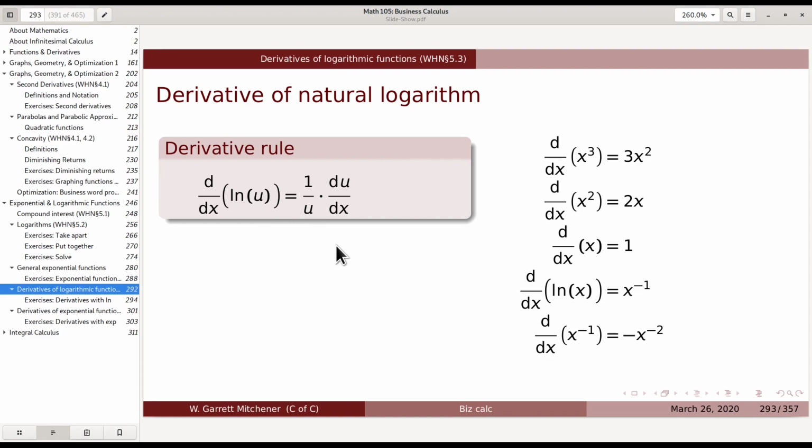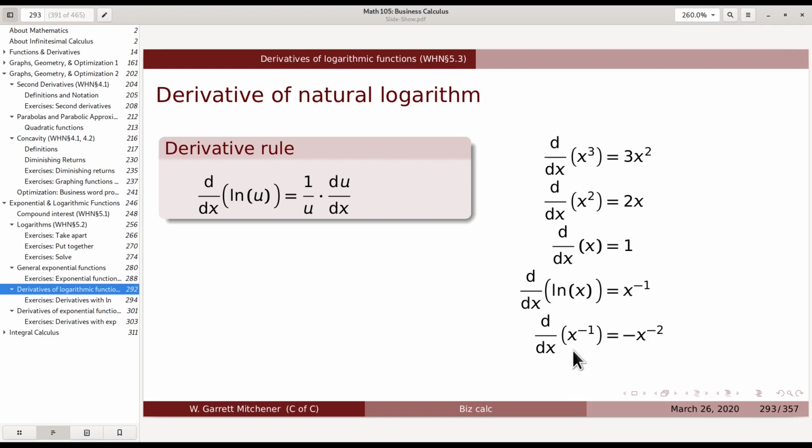That's the chain rule. I can give you just a hint of why this function is so important. Here on the right side of the slide, I've written out several instances of the power rule. If you'll notice, the derivative of x cubed has an x squared in it. The derivative of x squared has an x to the first in it. The derivative of x to the first has, well, it's a constant, x to the 0.